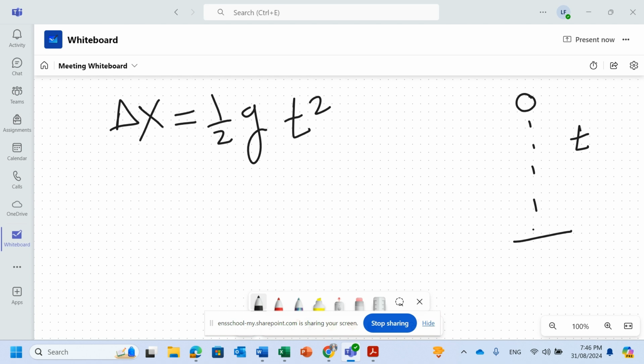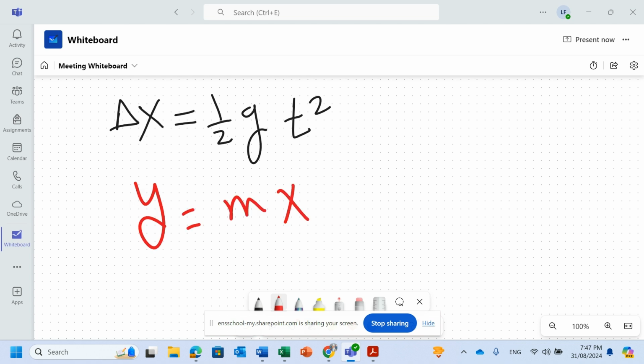Now, the equation of a straight line is y equals mx plus c. C is the y-intercept. We don't have a y-intercept, so our line should pass through the origin. Height will be on the y-axis and time squared will be on the x-axis.